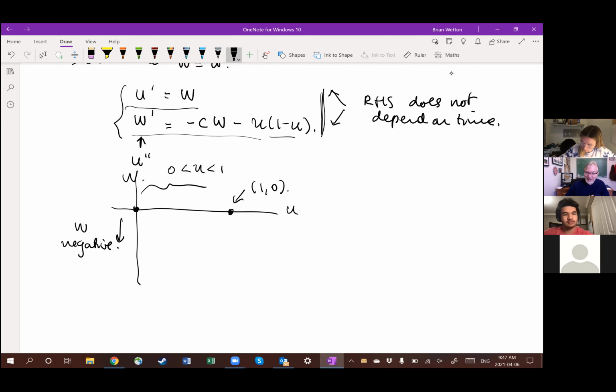Okay, hang on. This is the c going to minus infinity. I should be tending to that point. And over here, I have an equilibrium point, right? That's the c goes to infinity point, okay?